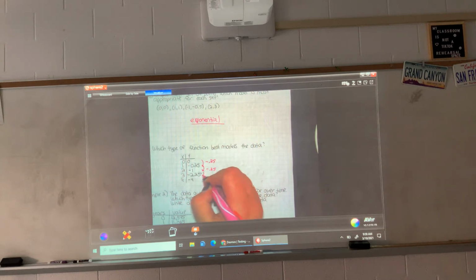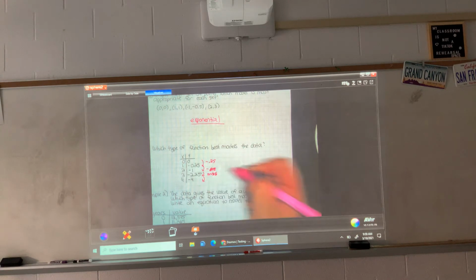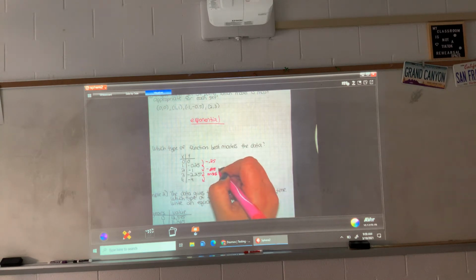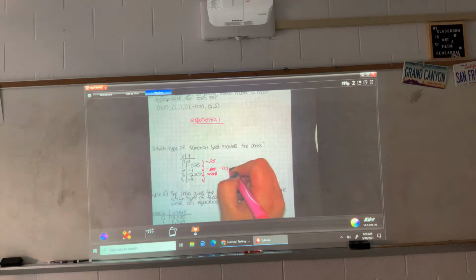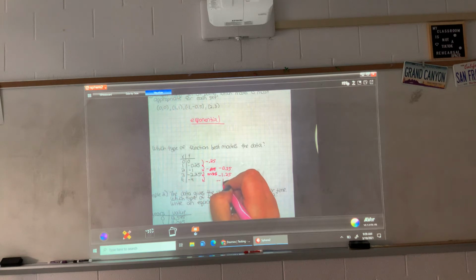Here to here, minus 0.25. And then from here to here, minus 0.75, minus 1.25, and then minus 1.75. These are all different values.